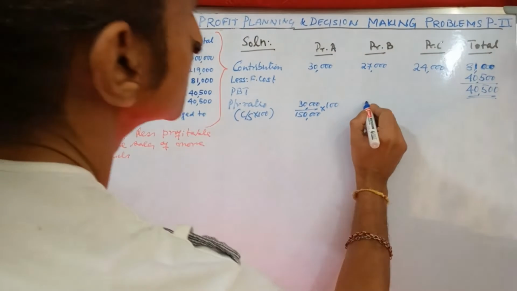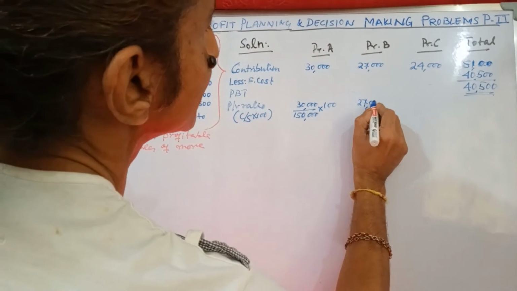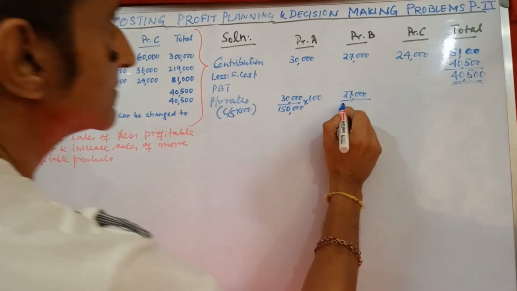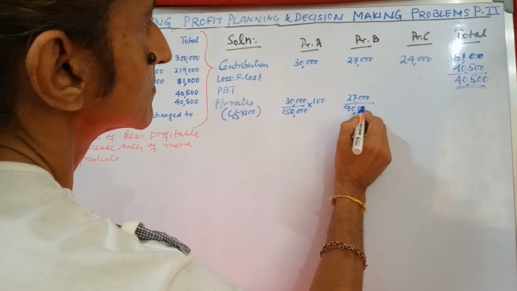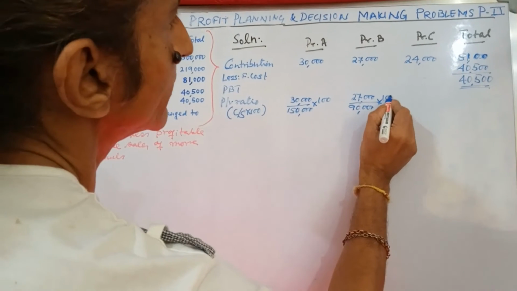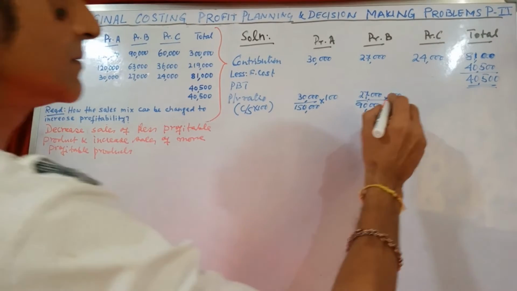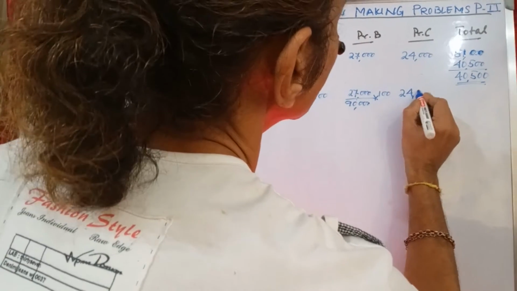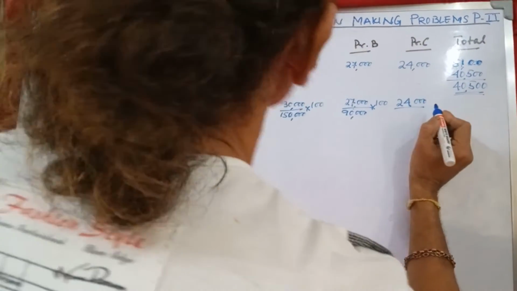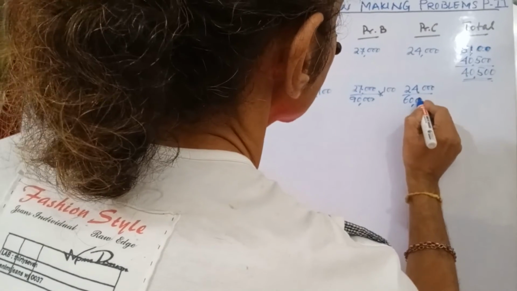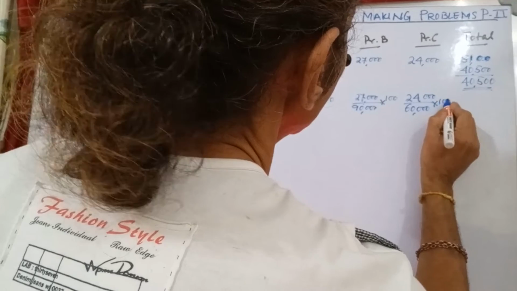Here it is 27,000 divided by 90,000 into 100, and here 24,000 divided by 60,000 into 100.